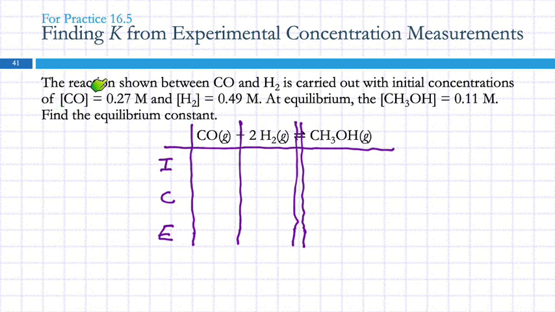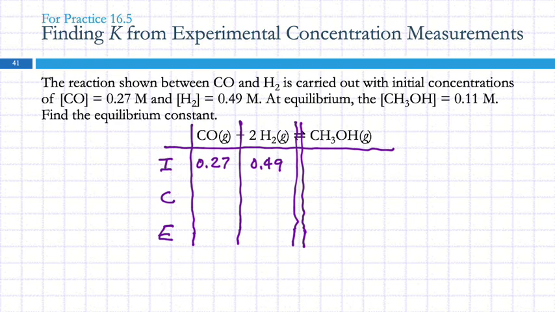So carbon monoxide initial concentration. For the initial concentration, I'm going to put in 0.27. The initial concentration for hydrogen is 0.49. What's the initial concentration for CH3OH? 0. They don't tell us.